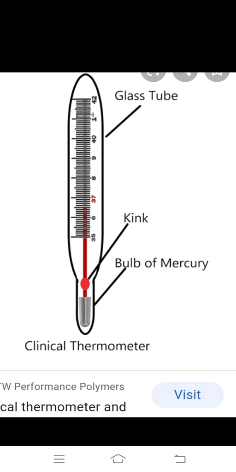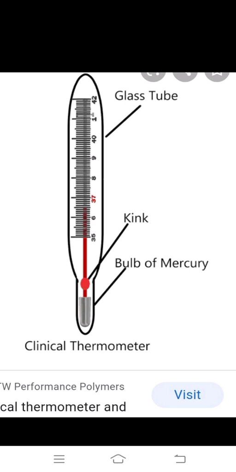Now, what precautions are needed while reading a clinical thermometer? It should be kept upright, not tilted. The bulb should not touch the surface of the container or other parts.